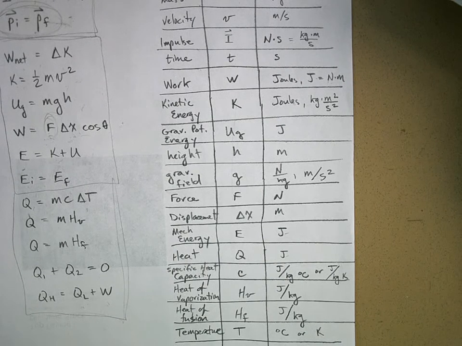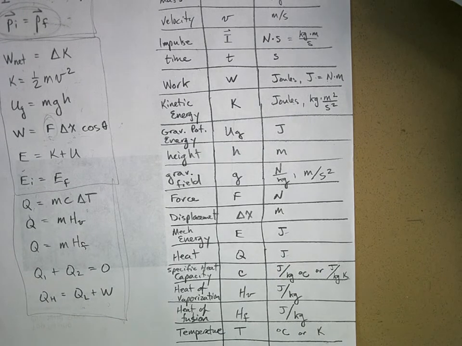One thing to remember is that if you have a change in temperature, the delta T is the same whether it's in kelvins or degrees Celsius. If you say I increase the temperature by 40 degrees Celsius, that means you also increase the temperature by 40 kelvins. For some reason, we don't say degrees Kelvin, but who cares?